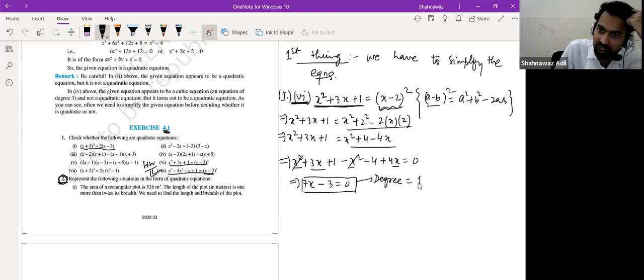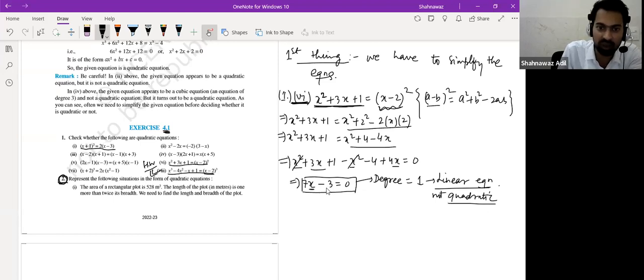Absolutely correct. So degree is 1. So this is a linear equation in one variable, because we have only one variable. So not quadratic, right? That is why we have to first simplify and then tell whether it is quadratic or not. So this is not a quadratic equation.